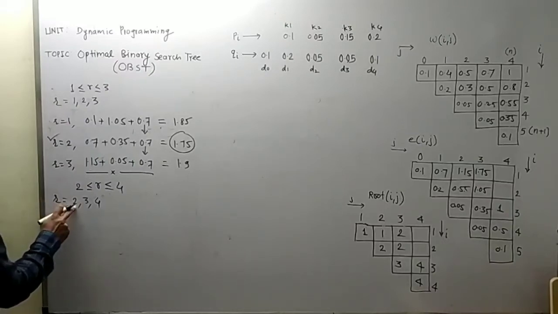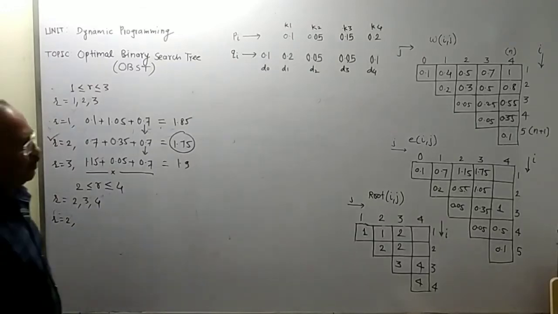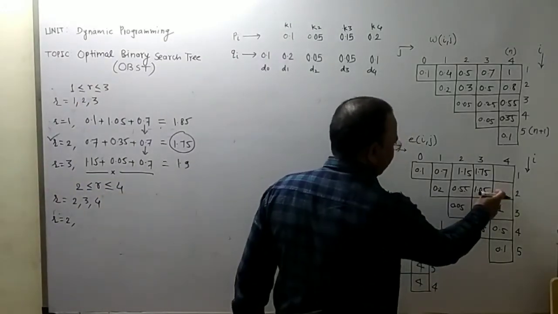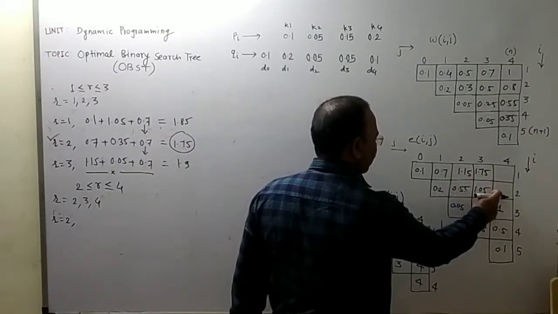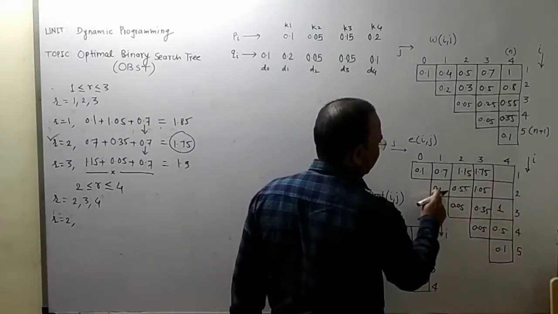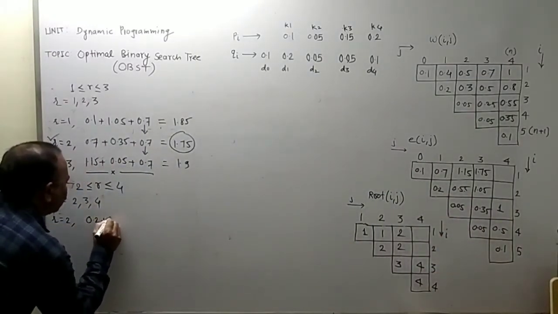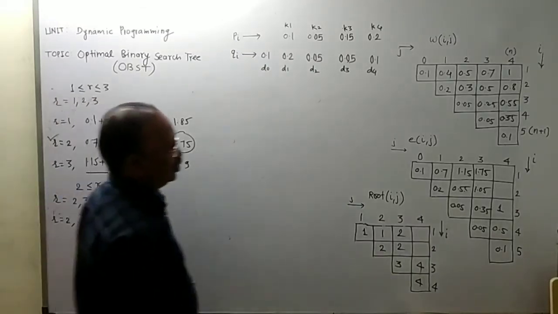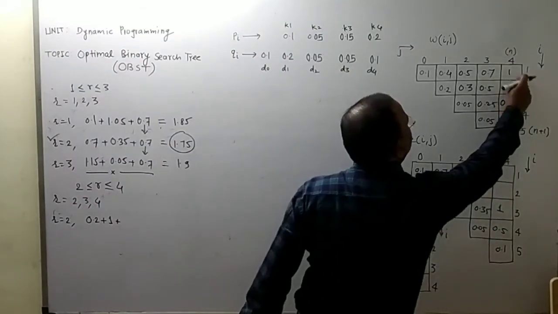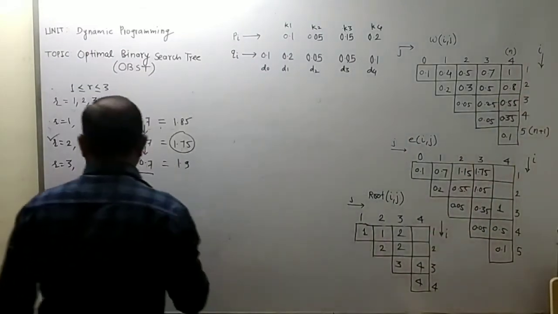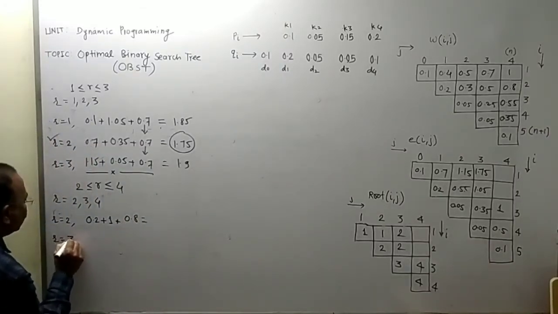For r is equal to 2, apply the same concept that we have discussed. For the first value, we have to refer 0.7 and 1. 0.2 plus 1 plus the value at the 2, 4 cell in the W table, that is 0.8, is equal to. Then for r is equal to 3.